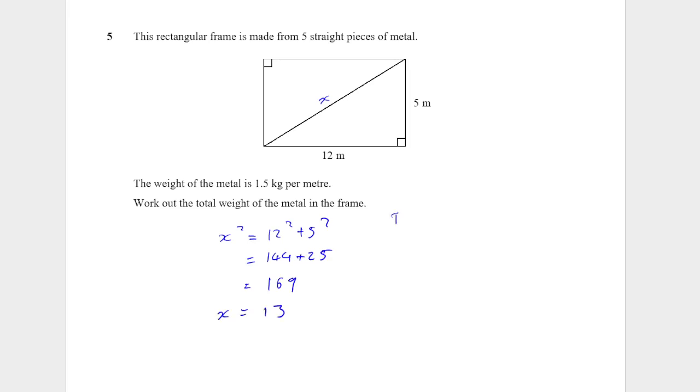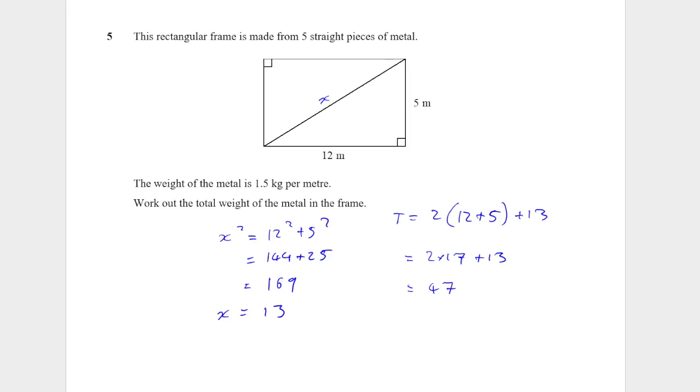So the total amount of metal is going to be 2 lots of this plus this, because we've got another value there and another value there, plus 13, which is equal to 2 times 17 plus 13, which is going to be 47.